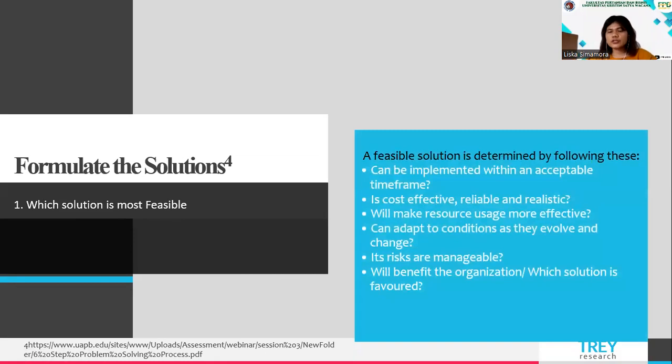So in order to make sure that the solution we are going to implement is feasible, we have to answer these questions. Can it be implemented within an acceptable time frame?